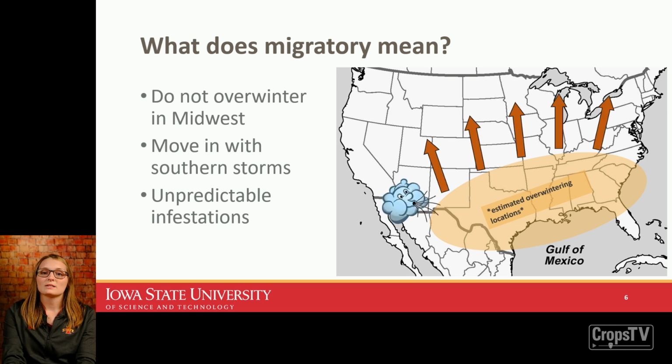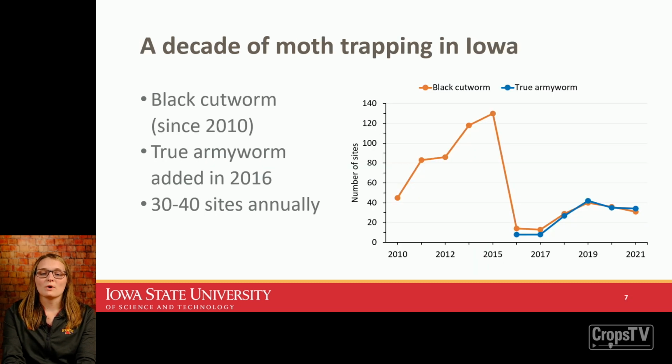What they'll do is overwinter in southern states, and then in the spring, when they become active again, they'll move into the northern states on southern storms, usually in the spring, but also throughout the summer. This can lead to unpredictable infestations. It would be hard to know when they're going to arrive, but also where they will be and how many will come up on those storms.